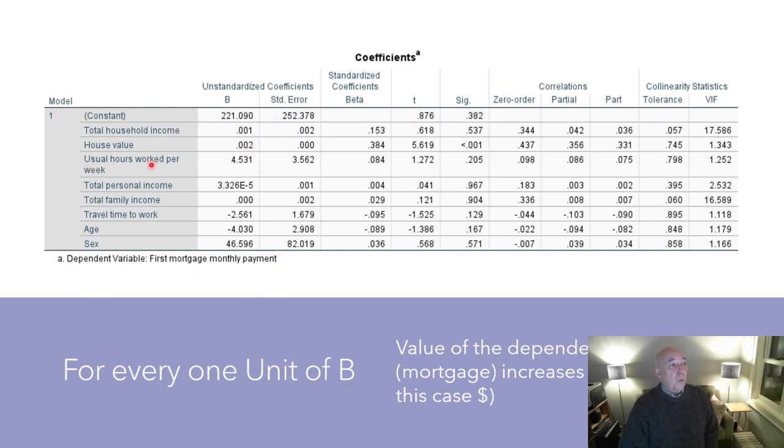So for every 1 hour worked per week, the mortgage increases by $4.53. For every minute increase in travel time, the mortgage decreases by $2.56. Contrary to what I was thinking, but nonetheless, it indicates what's going on in the relationship. One of the things is that you want to always make sure you know what you're looking at, and how that's working. All right.